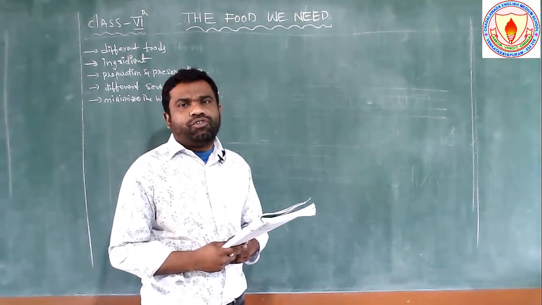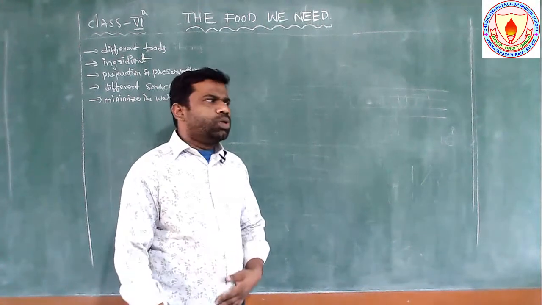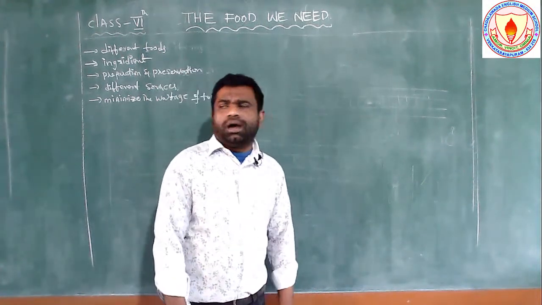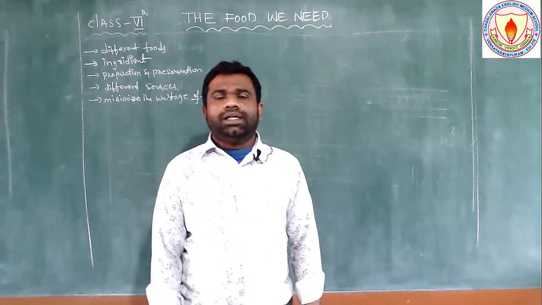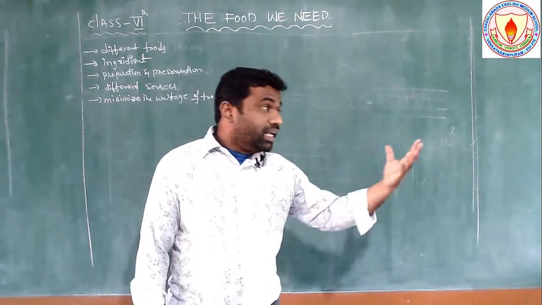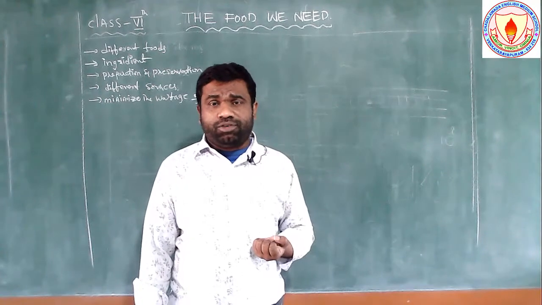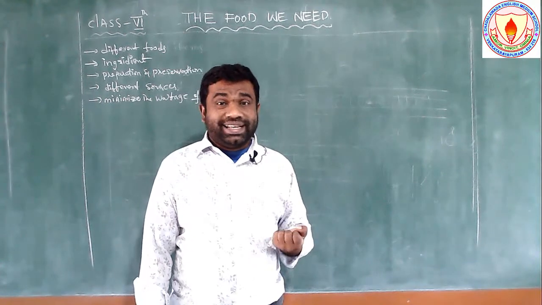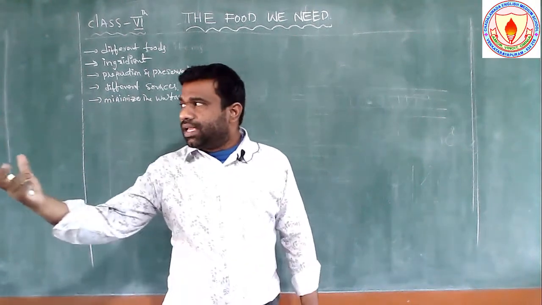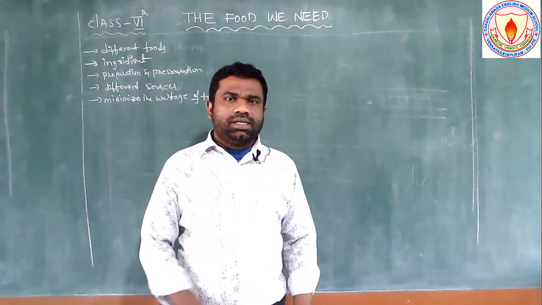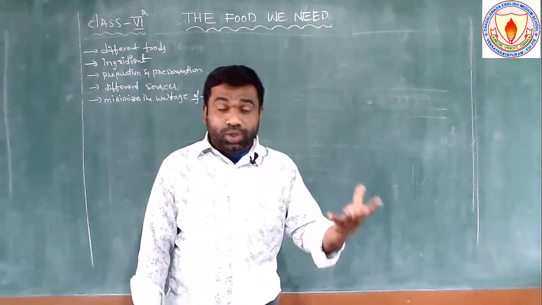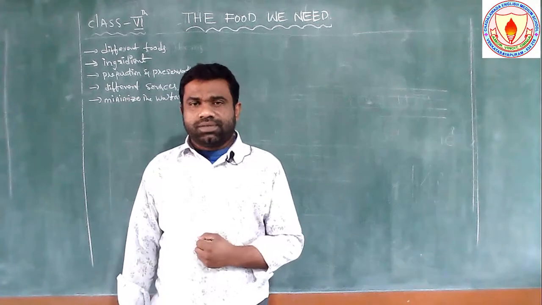Sources of the food material. So the sources of the food material are nothing but the ingredients. Some ingredients we are taking from animals, and some we are taking from plants, stems, roots and leaves.